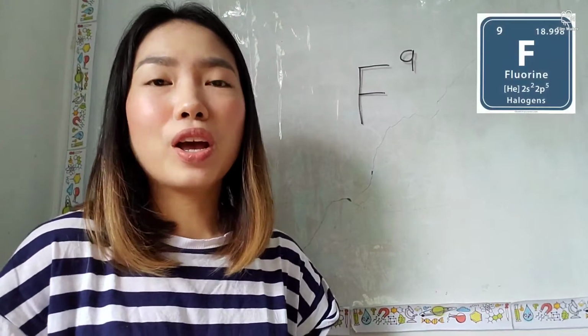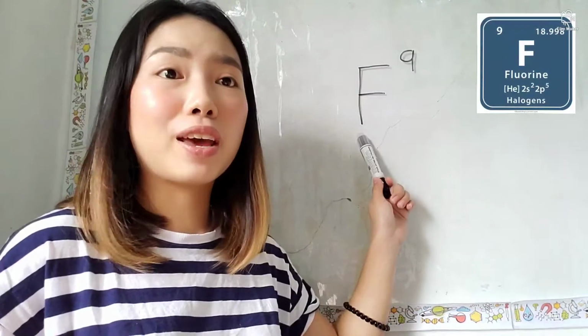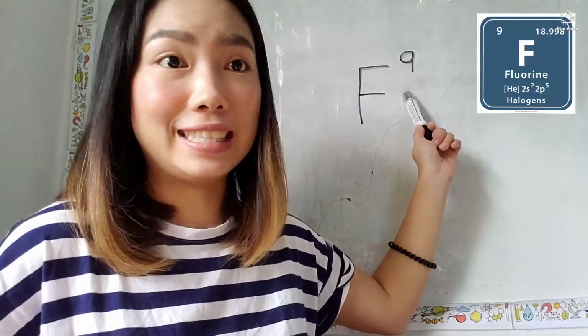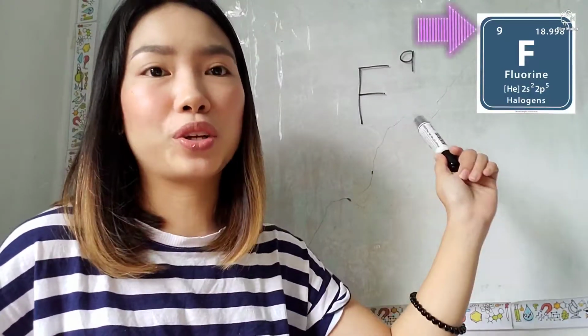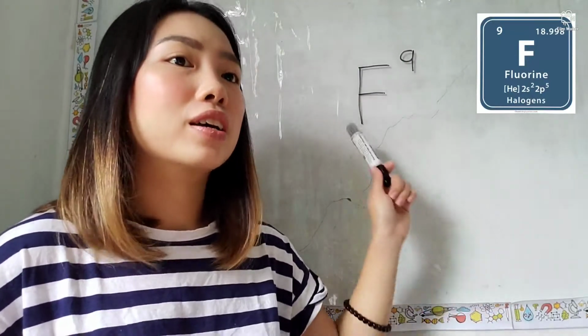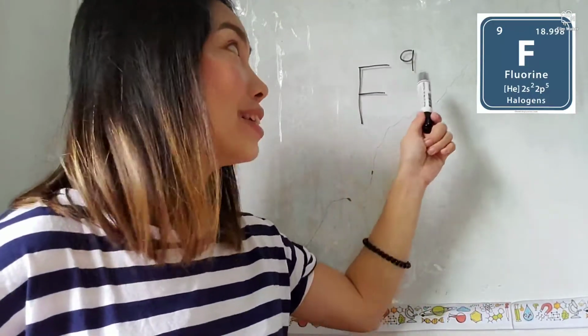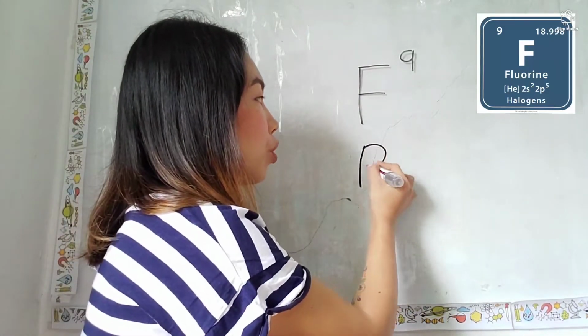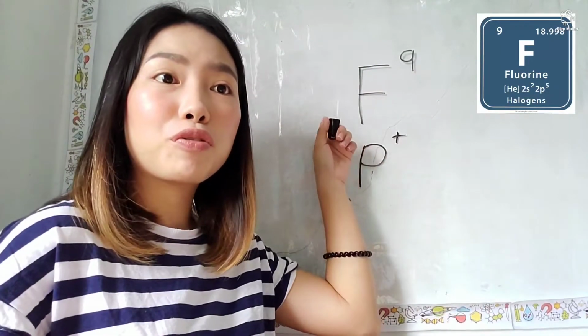Another example. So for example, I have an element F which is fluorine. So the atomic number of fluorine is 9. So pang 9 siya sa periodic table. So if the fluorine's atomic number is 9, then what would be the number of protons for fluorine?